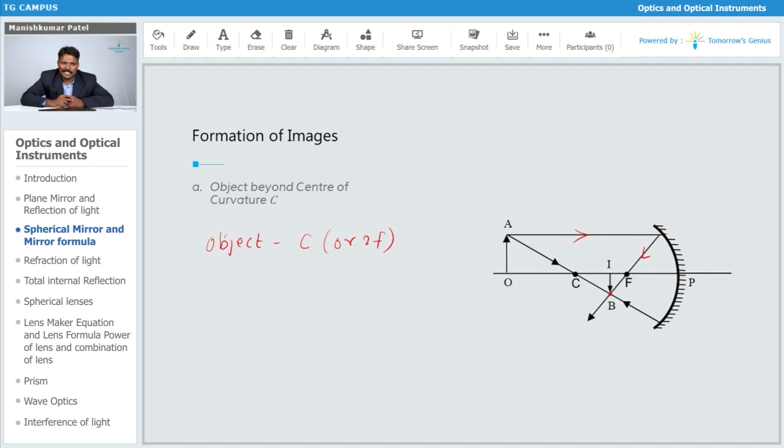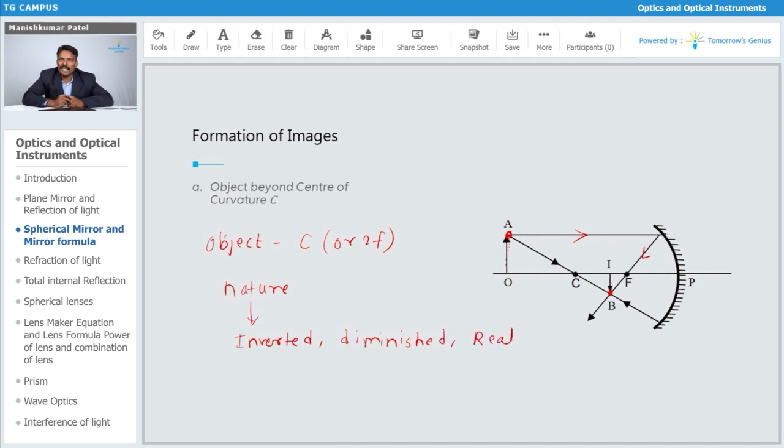If you see the nature of the image carefully, it is an inverted image. For each point on the object AO, it will emit light, and there is a formation of image over here. Likewise each part will emit light and form the image. So the nature of the image in this case is inverted, diminished, of a smaller size, and real.